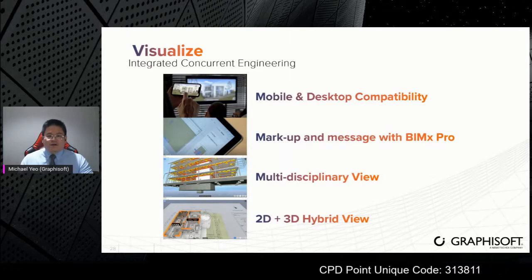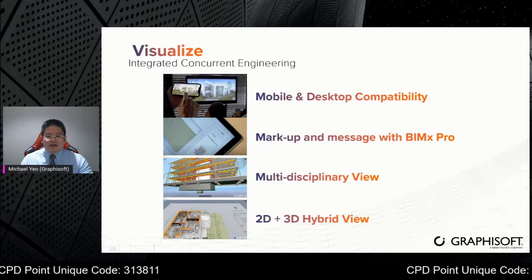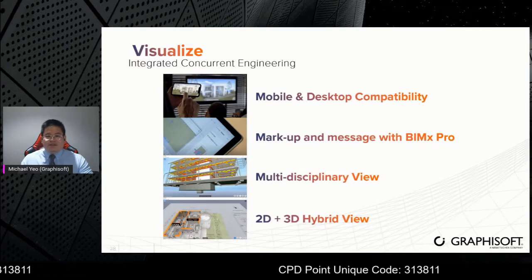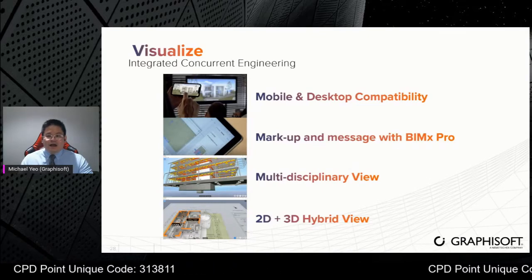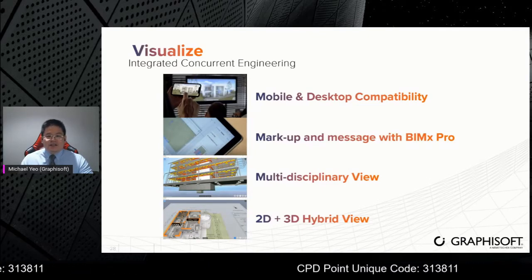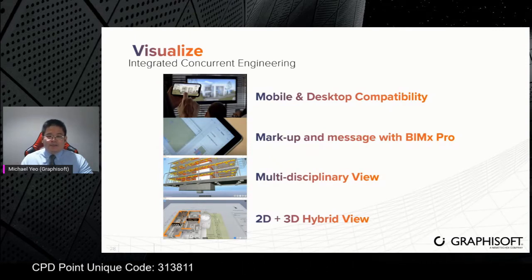BIMx Pro offers a messaging function where you can snap, mark up, and send messages between team members. It has the ability for multidisciplinary and hybrid 2D plus 3D view, which unlocks greater productivity during integrated concurrent engineering discussion.